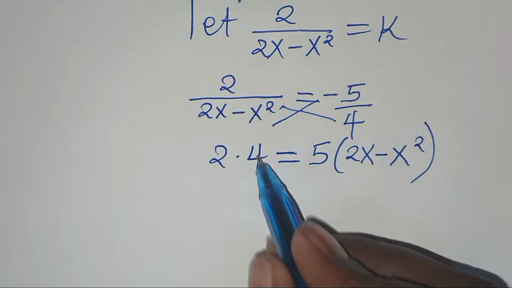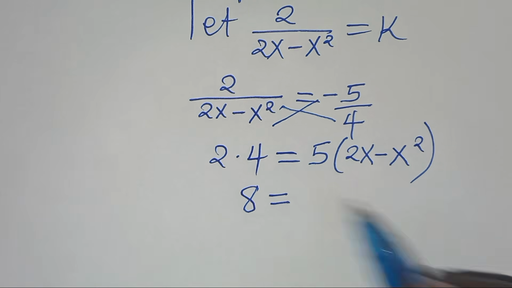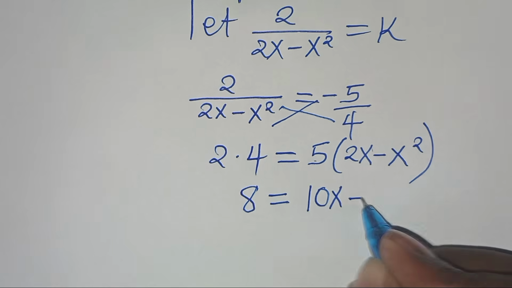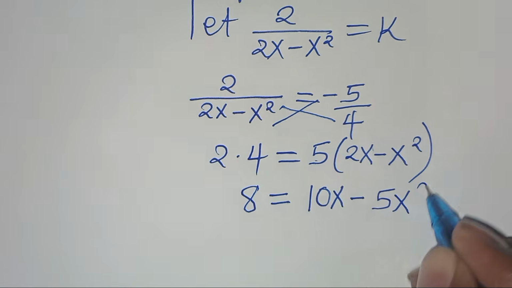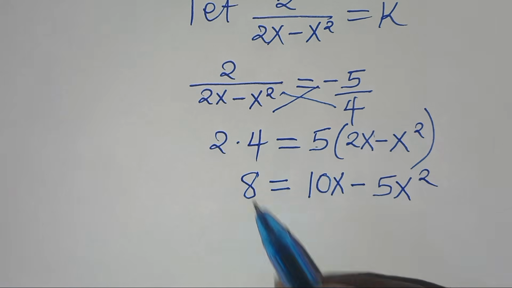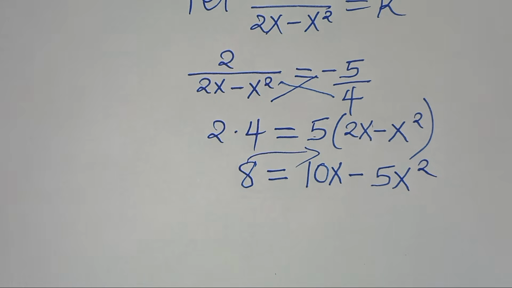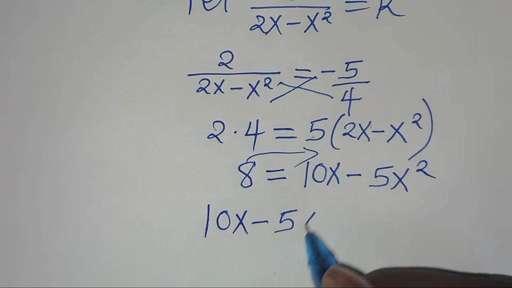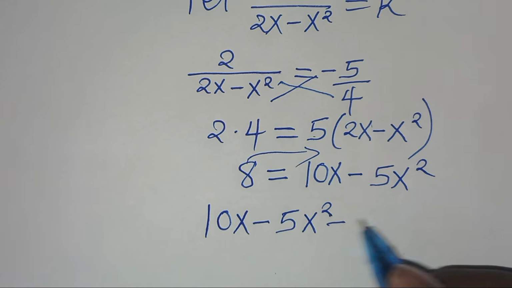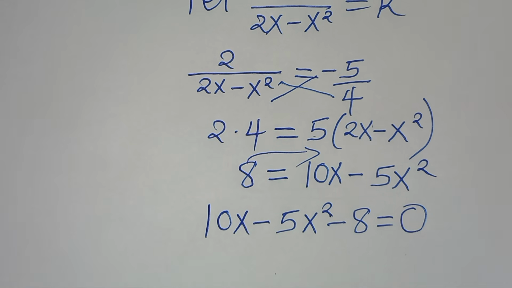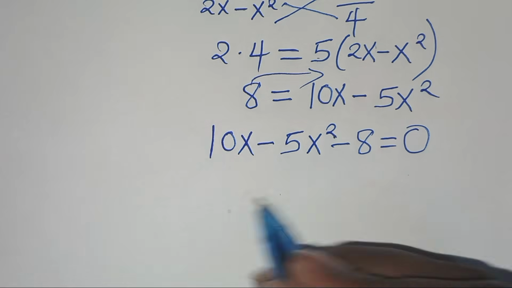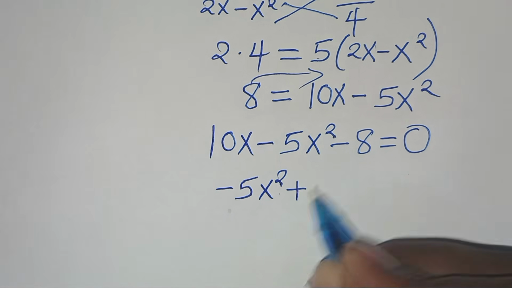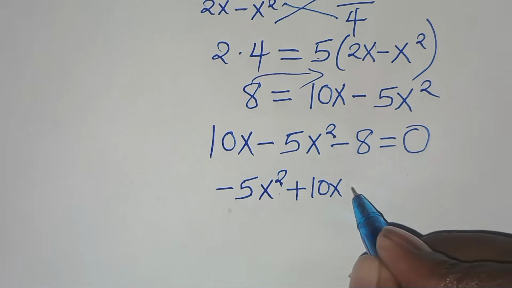So this is 2 times 4, this is 8, which is equal to 5 times 2x, which is 10x minus 5x to the power of 2. Let's take 8 to the right hand side so that we have 10x minus 5x to the power of 2 minus 8. This is equal to 0. Now let's rearrange this equation here. We have negative 5x to the power of 2 plus 10x minus 8.